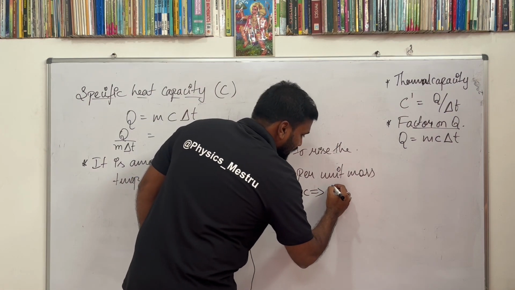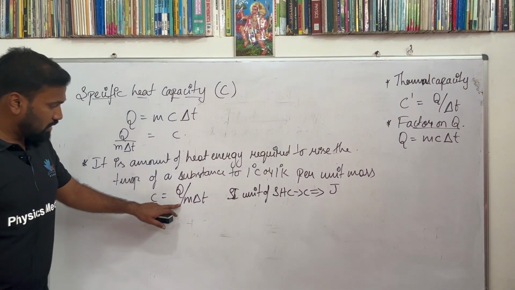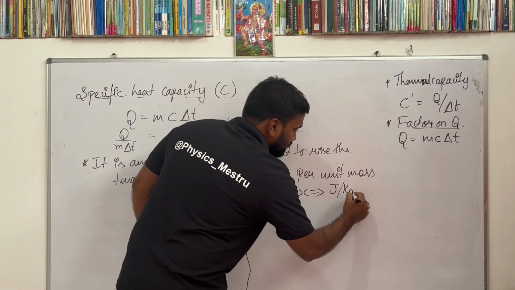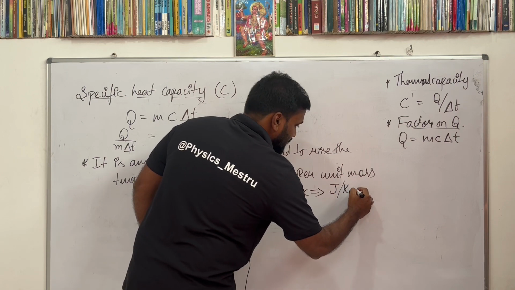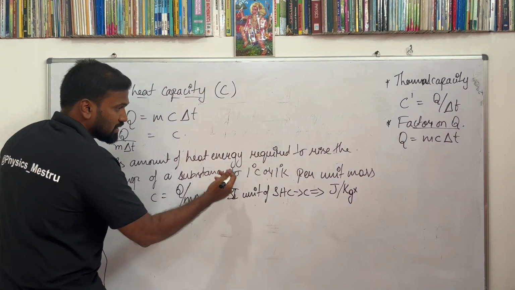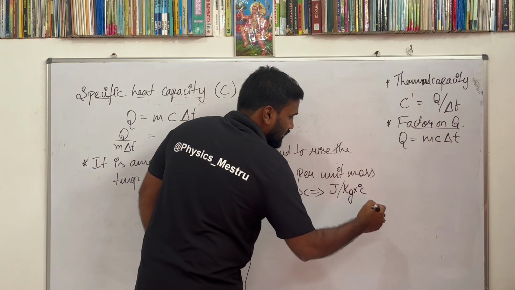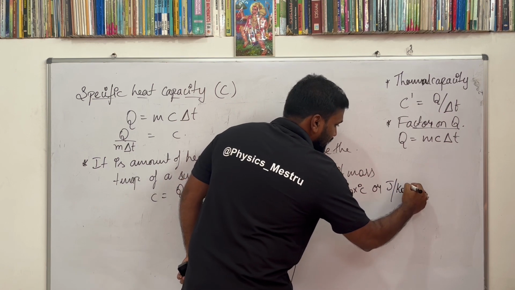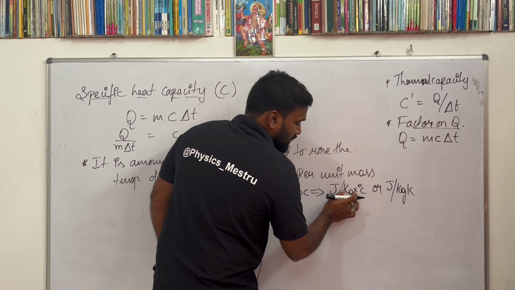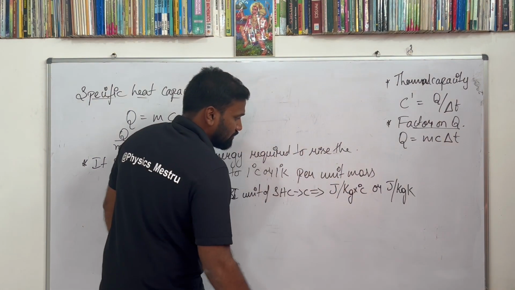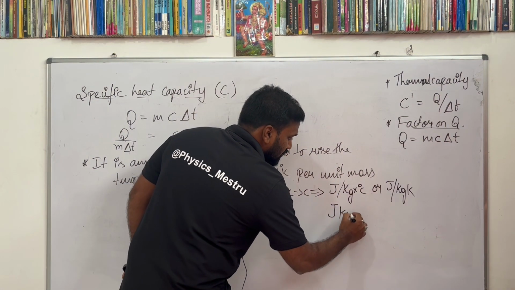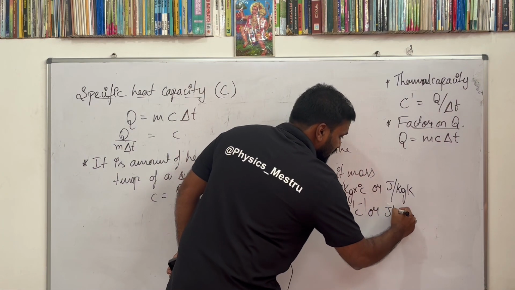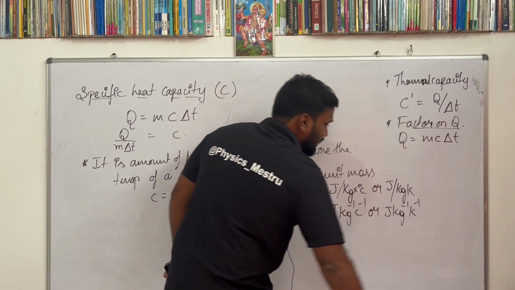Joules, divided by the SI unit of mass, kg, into the SI unit of change in temperature, which may be degree Celsius or Kelvin. So it is joules per kg Celsius, or joules per kg Kelvin. This can be written as joules per kg per degree Celsius or joules per kg per Kelvin.